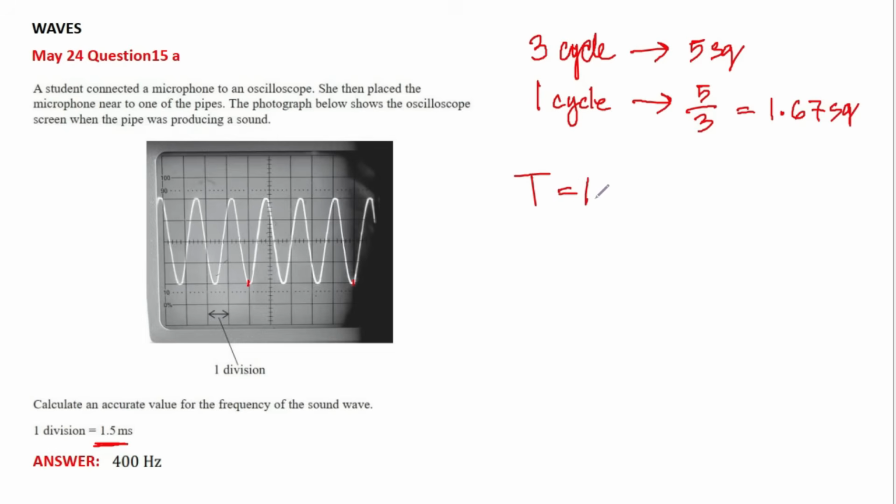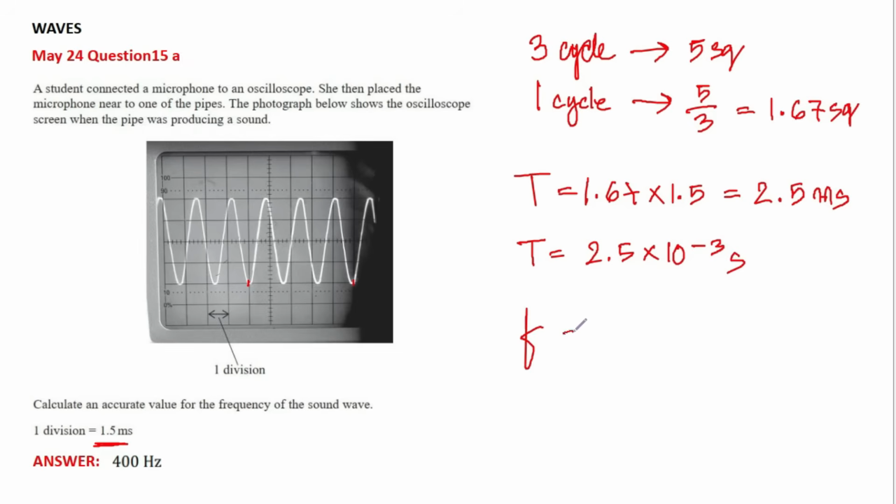So 1.67 times 1.5 is equal to 2.5. But check this out, this is 2.5 millisecond, right? So time period should be equal to 2.5 times 10 to the power minus 3, converting millisecond to seconds.